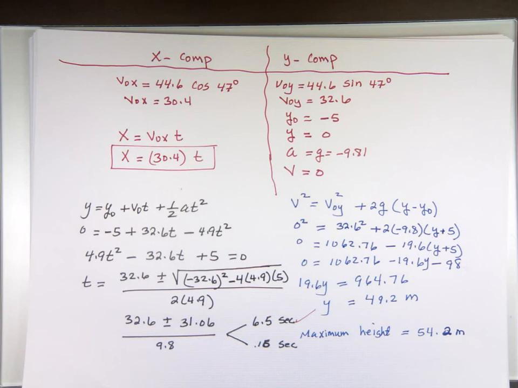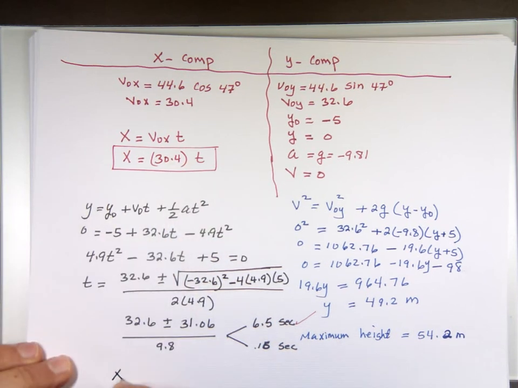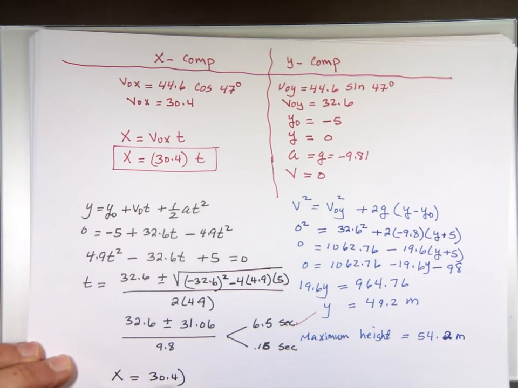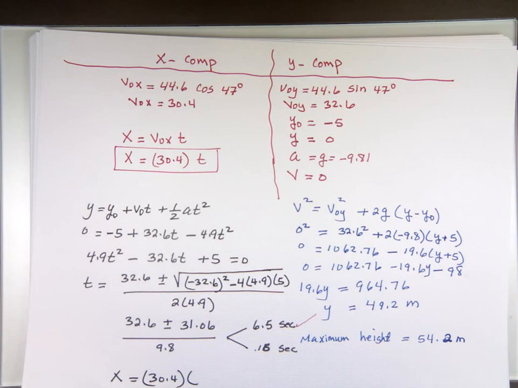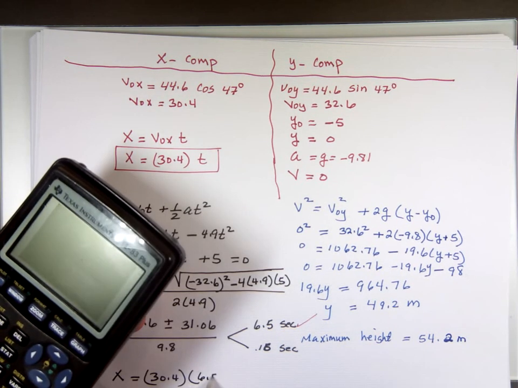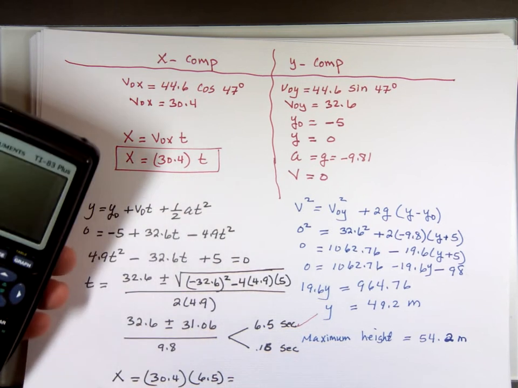So now you go back to this equation to get x, and you go, where's the ball landed? 30.4 times 6.5. 197.6.